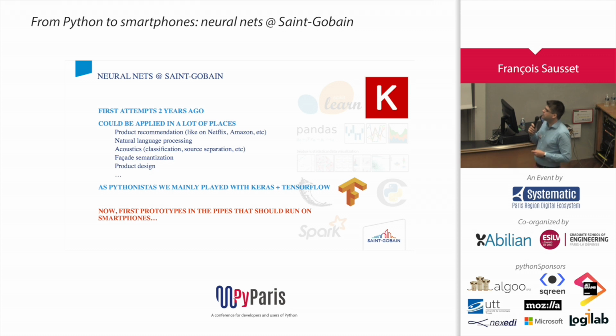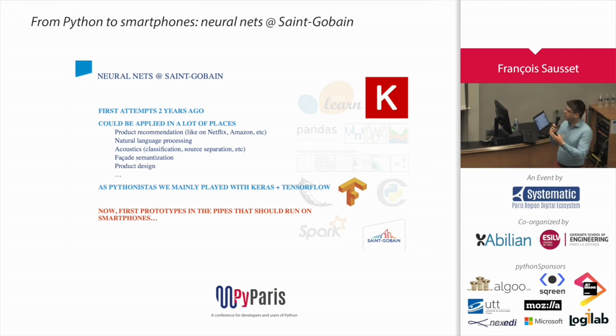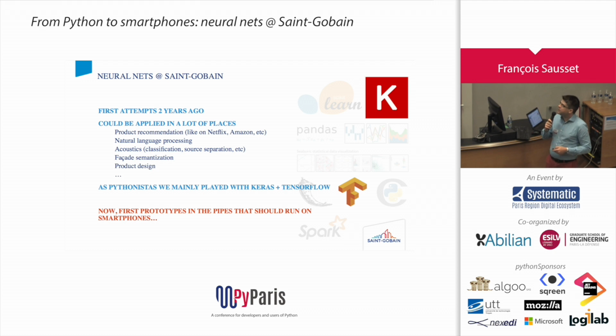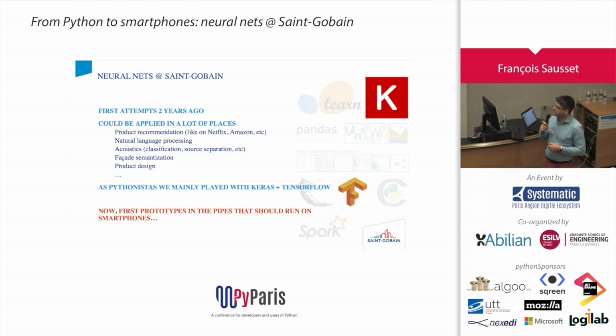I won't go into the details, but in our cases it could be applied, and we already used it in some of these examples: product recommendation, because we have some distribution parts; NLP, which is more specific to us; acoustics for classification, source separation, or other things; facade semantization, which is also specific to us; and product design through generative models. Those are things we have in mind for this last one.